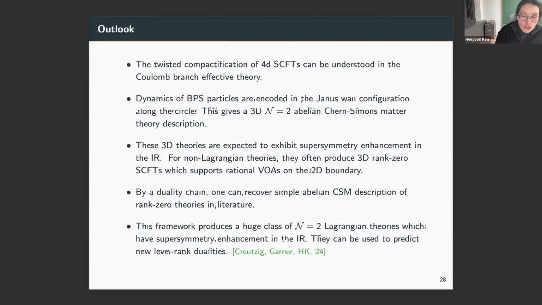And then by a duality chain, you can recover a very simple abelian Chern-Simons matter description of the rank 0 theories that I mentioned. And also this framework produces a huge class of N=2 Lagrangian theories, which have supersymmetry enhancement in the IR, and then they can be used to predict new level-rank dualities as we illustrated recently. Okay, that's all I wanted to say today.